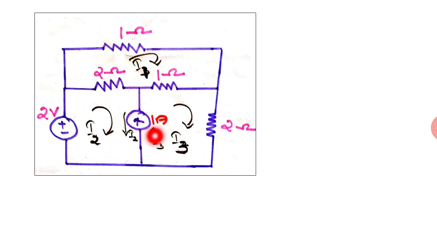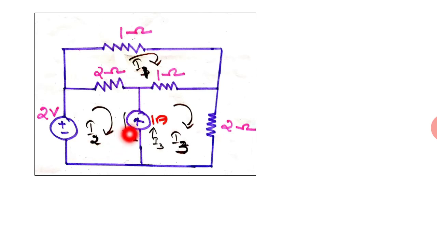If there is a current source common to two meshes, we apply the super mesh concept. Super mesh means we assume that this current source is not there, and we consider these two meshes as one mesh while writing the equation. That is the super mesh concept.